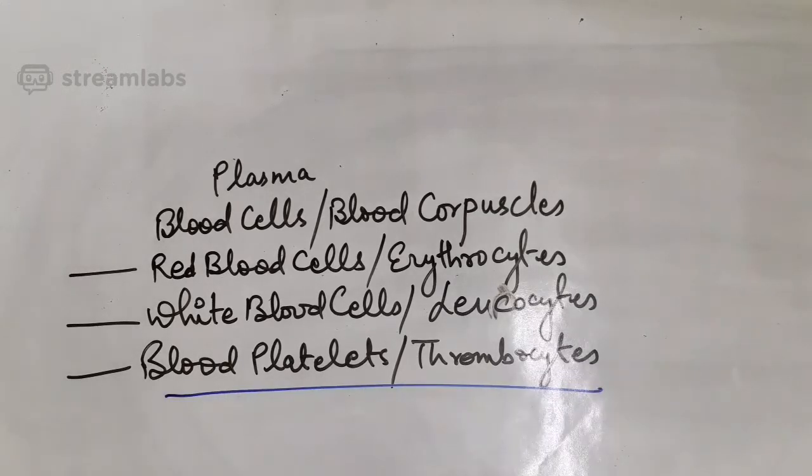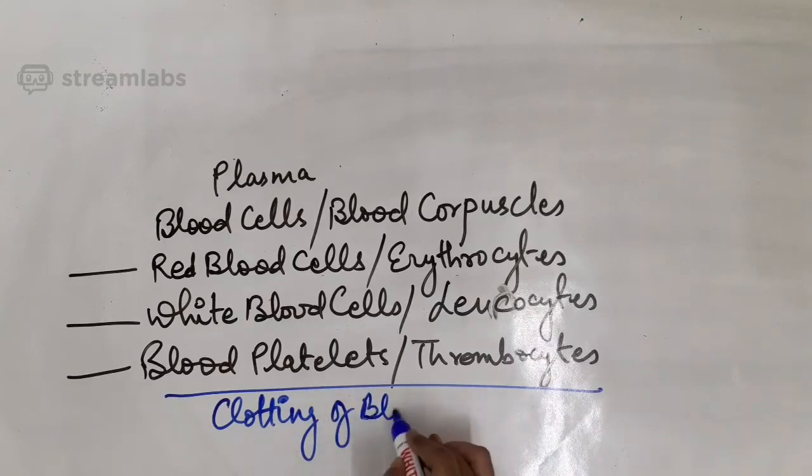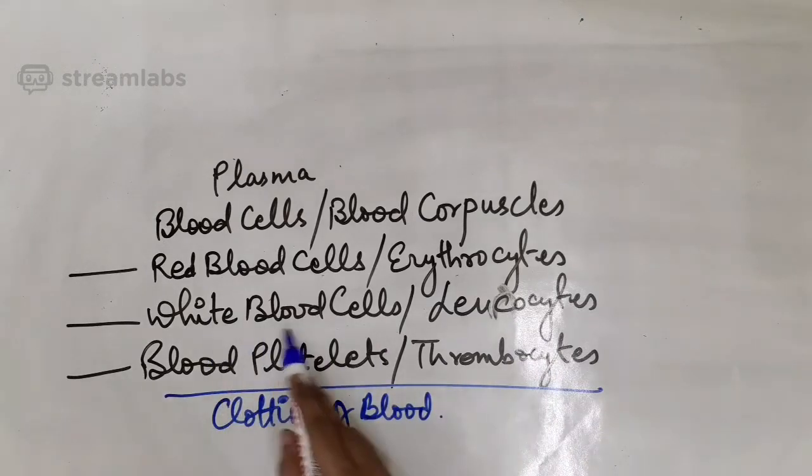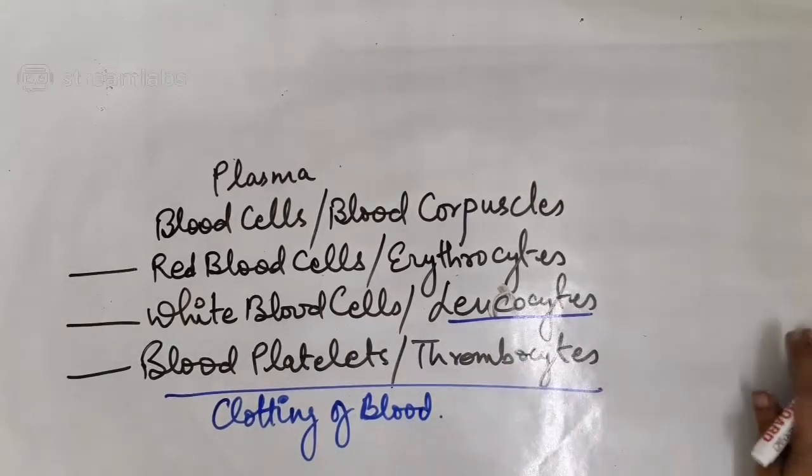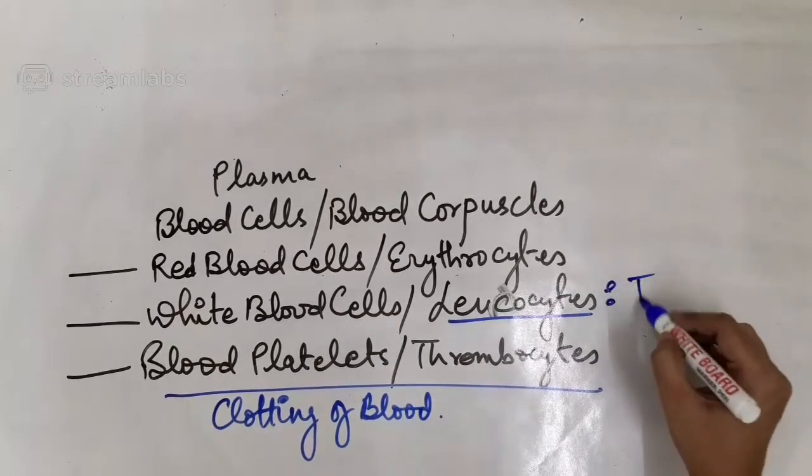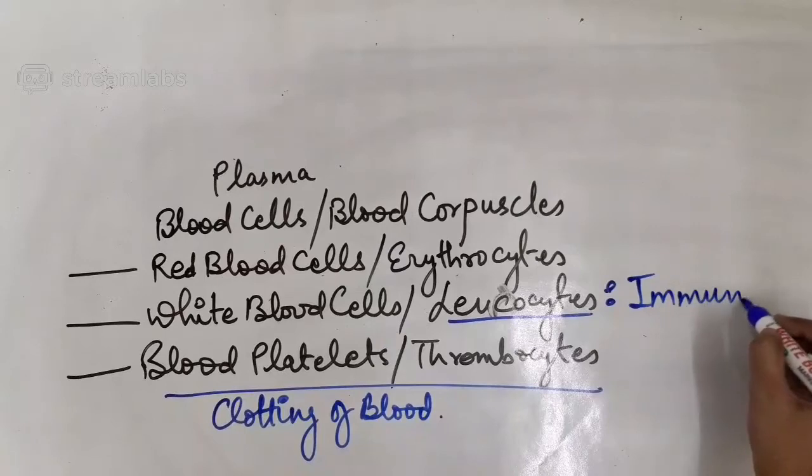All these have different functions. Blood platelets are responsible for clotting of blood, you know that. White blood cells, leukocytes, are responsible for immunity.